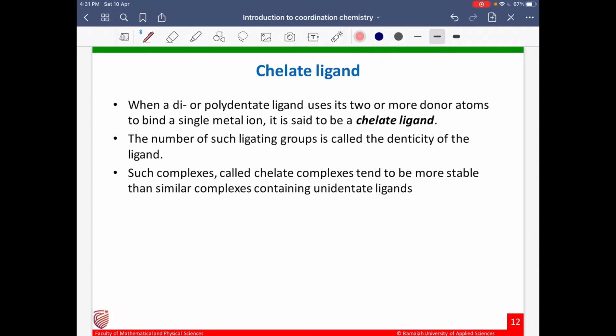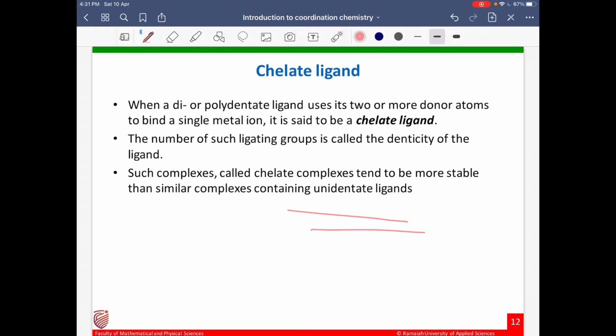Next is chelate ligand. When a di- or polydentate ligand uses its 2 or more donor atoms to bind a single metal ion, it is said to be a chelate ligand. The number of such ligating groups is called the denticity of the ligand. Such complexes, called chelate complexes, tend to be more stable than similar complexes containing unidentate ligands.